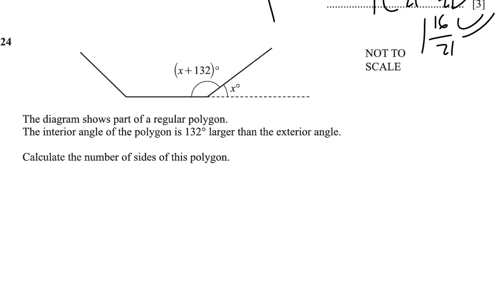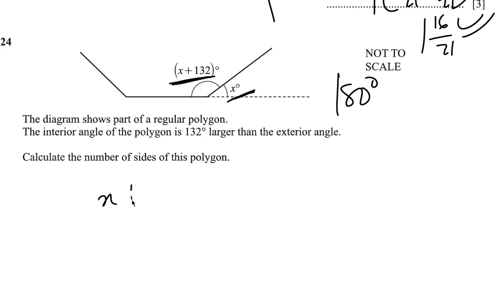The interior angle of the polygon is 132 larger than the exterior angle. Calculate the number of sides of this polygon. To get this, you should recognize that the sum of angles on a straight line is 180 degrees. So here is x plus 132, and here is x.